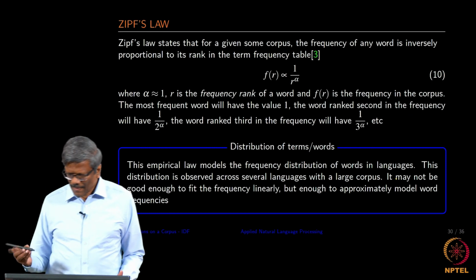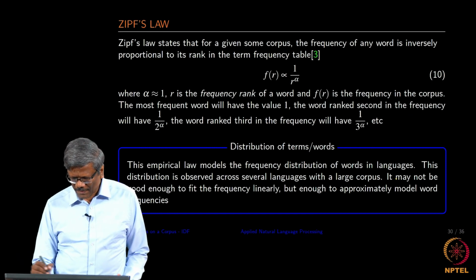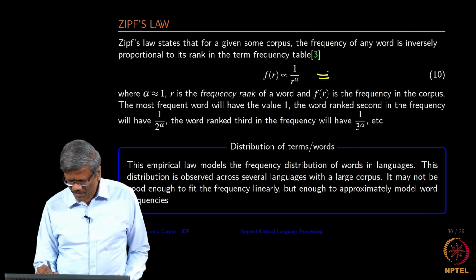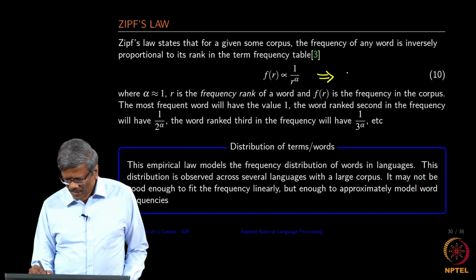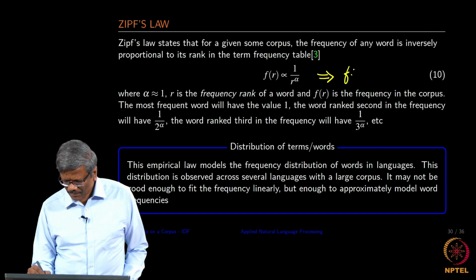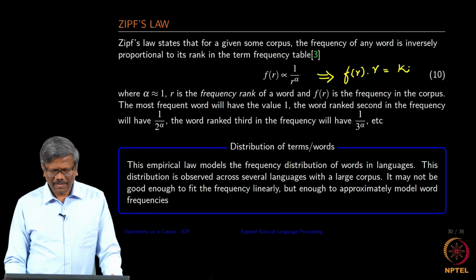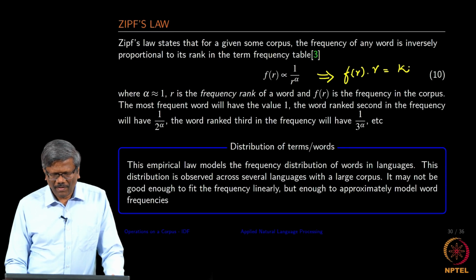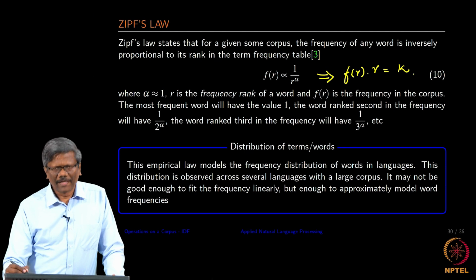So, that means the frequency of a given term and its rank, if you multiply, should give a constant.